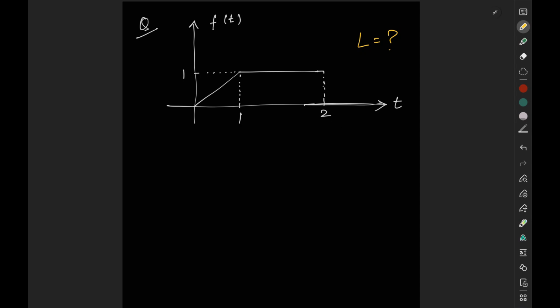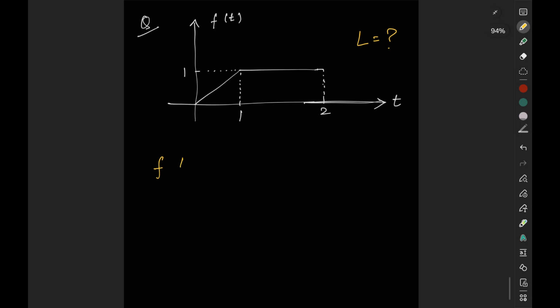And from 1 to 2, f of t is equal to 1. So we can write f of t as t, where t lies from 0 to 1, and 1 when t lies from 1 to 2.